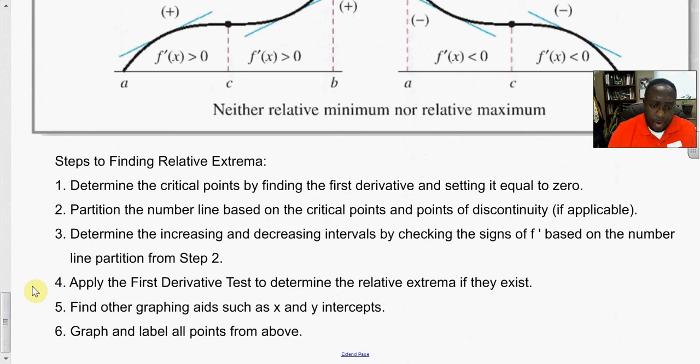From there, part 3, determine the increasing and decreasing intervals by checking the signs of f prime based on the intervals that you determined in step number 2. Apply the first derivative test and then find the extrema if they exist. You may want to find other helpful graphing aids such as x and y intercepts. Graph and label all the points that you found above.